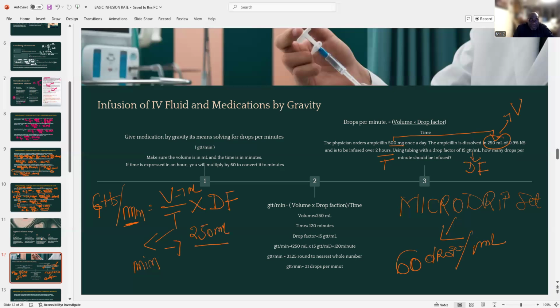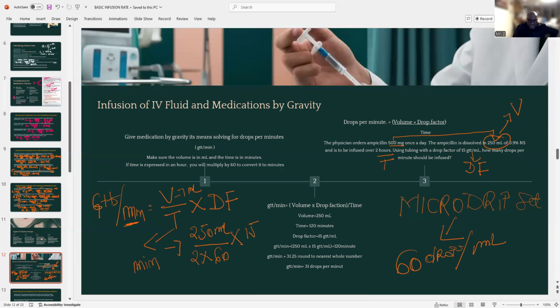The only time we multiply the top is when your time is in minutes and we are trying to convert that to hours. So I got 2 hours, and I'm going to do 2 hours times 60. Then we multiply this by your drop factor, which is 15.